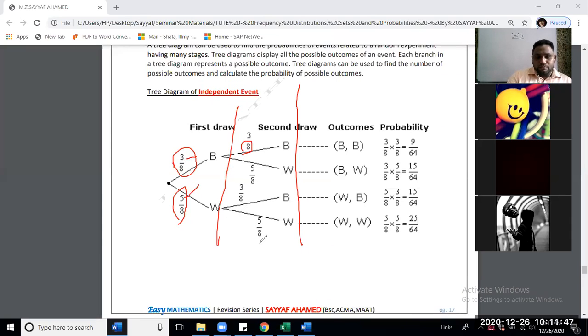Same way here, the outcomes are black black, black white, white black, white white. You multiply them: 3 over 8 into 3 over 8, you get this. 3 over 8 into 5 over 8, you get this. I hope you know how to calculate these probabilities.